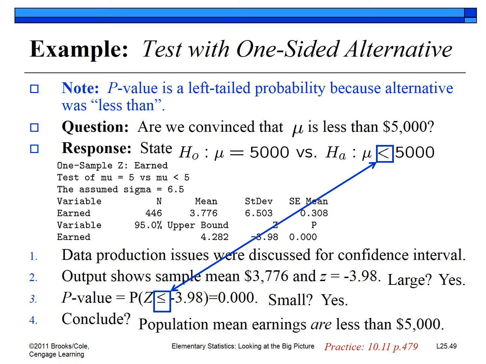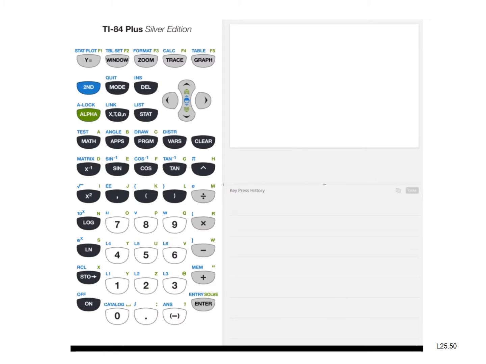Because the alternative hypothesis was framed using less than, we looked for the left-hand tail to compute the p-value, and we got something really small. In general, if it's less than 0.05, we'll call it small. So yes, we will reject the null hypothesis and say that we do have good evidence that the population mean is less than 5,000. Let's look at how to perform this hypothesis test using our calculators.